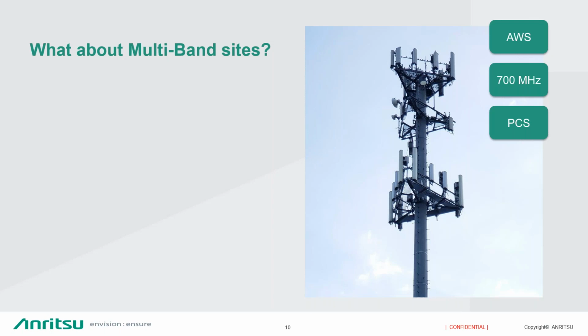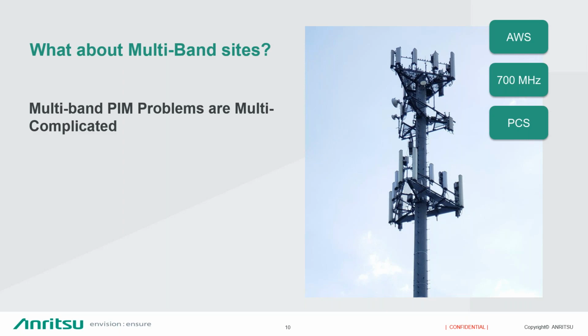What about multiband sites? I'm sure I have most familiarity with the networks in the US. Multiband sites in all of the large metro areas are way more than half of the macro site cells that are out there. Multiband sites have a very interesting problem because multiband PIM problems are multi-complicated.